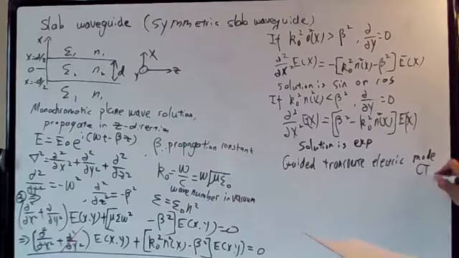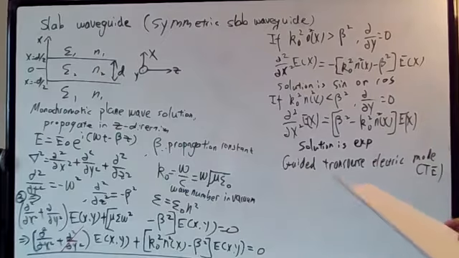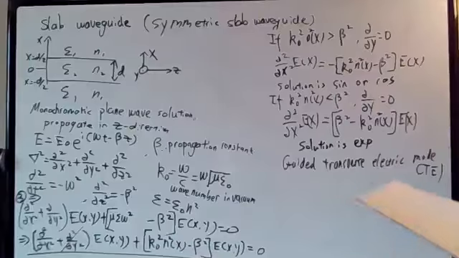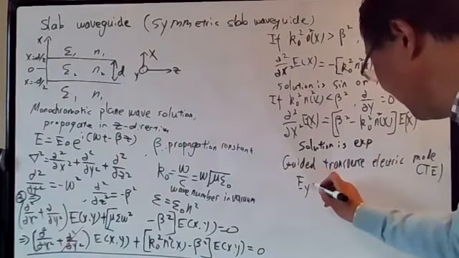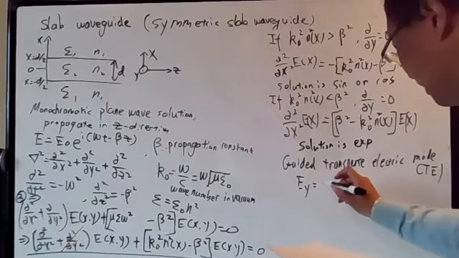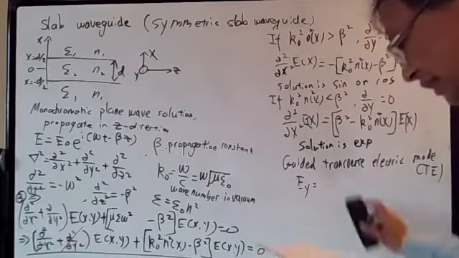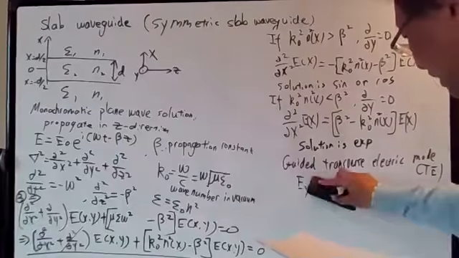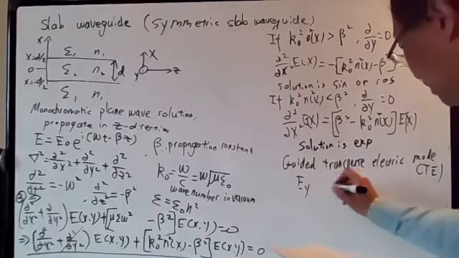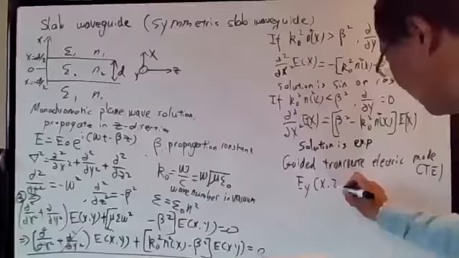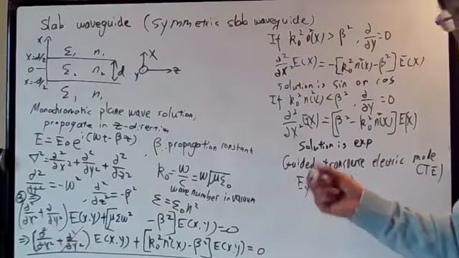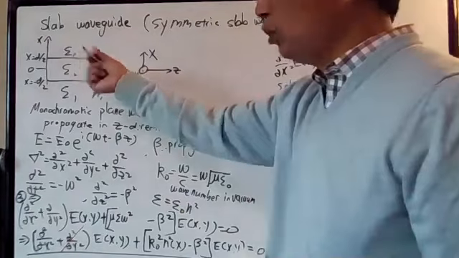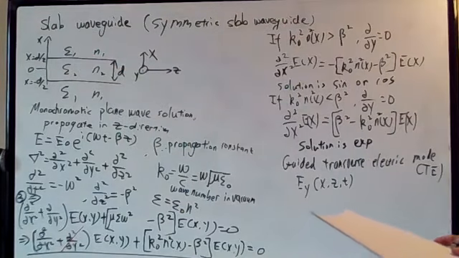It's the TE mode, right? It's the Ey component, so we have the Ey component varied by x, z, and t. Ey means that the field is in the y direction.